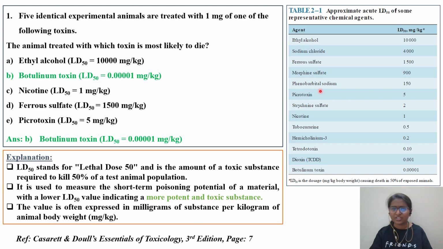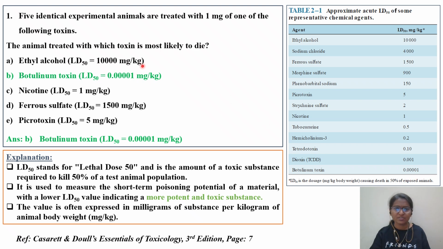You can see that ethyl alcohol's LD50 is 10,000 mg per kg. Botulinum toxin is the most potent, with an LD50 of 0.000001 mg per kg. It is at microgram level, so at a very low dose only it is going to cause a lethal effect. That is what you have to compare.